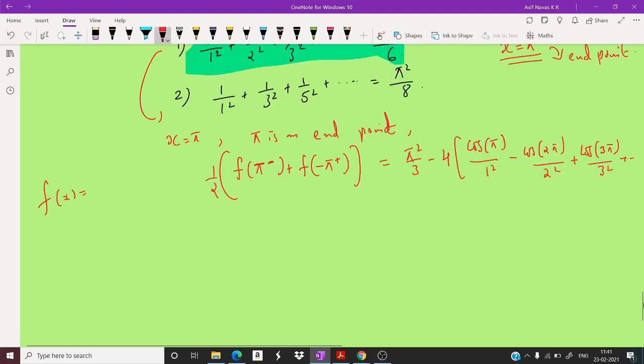F of x is x square, right? Then what is 1 by 2 times f of pi minus plus f of minus pi plus?